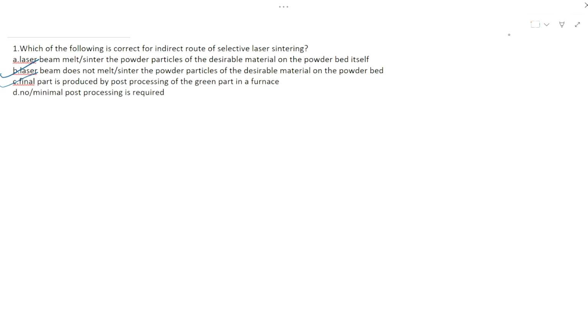So the first one is for direct and the last one is also direct. This is for indirect and this is for indirect. Suppose I will also give one more example.